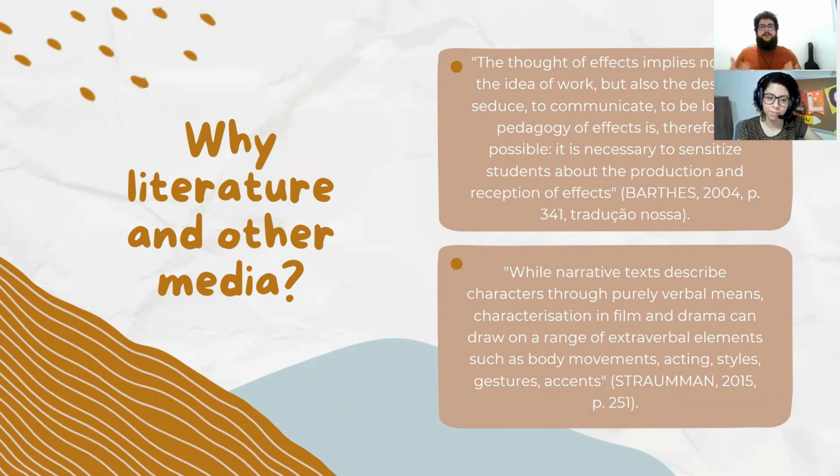When we talk about movies, we have to talk about movement, acting, styles, gestures, and accents. We also have to talk about the image being presented, the scene. In this way, students are exposed to a different way of telling stories, not only the verbal way, but also the oral. We have orality present there.